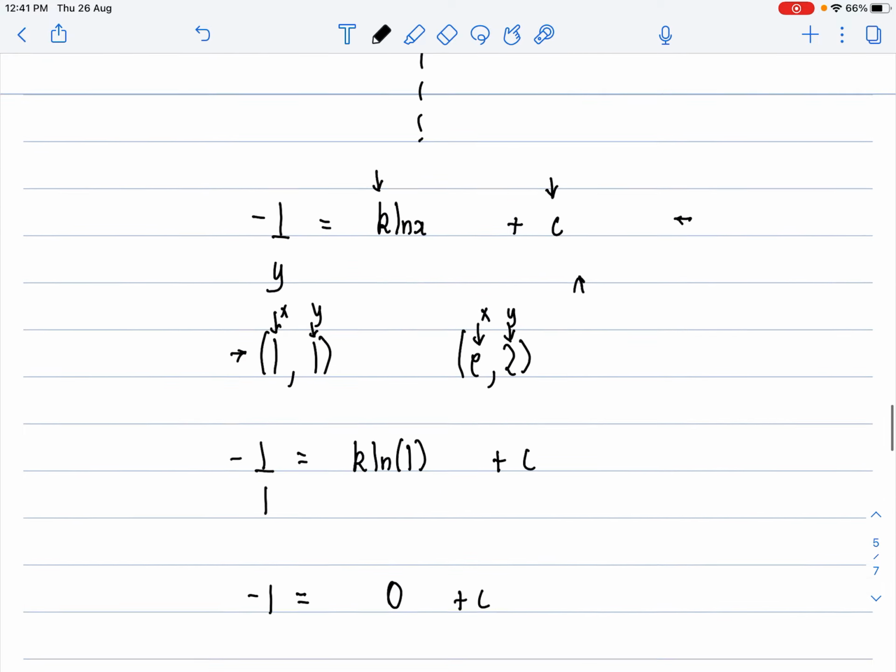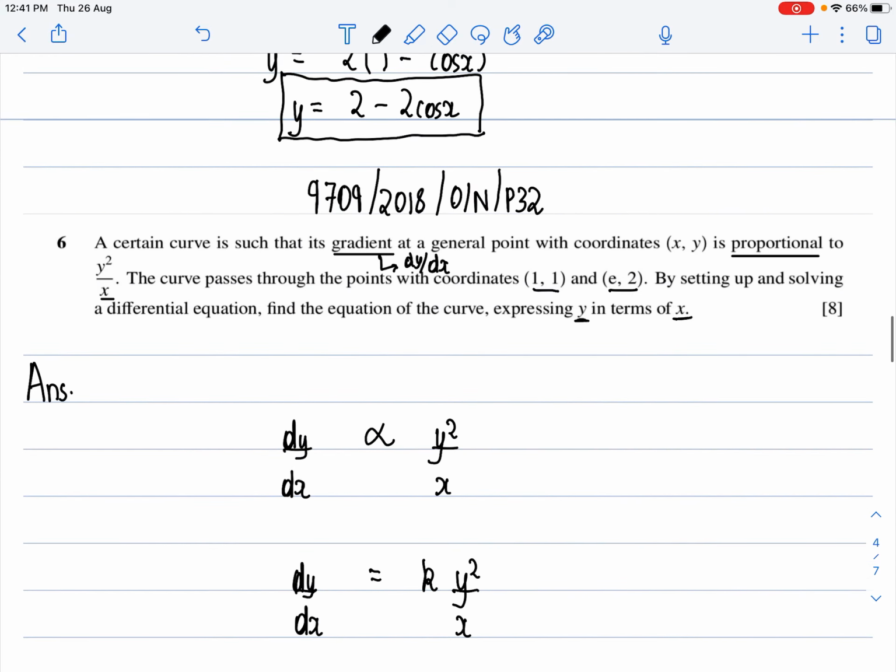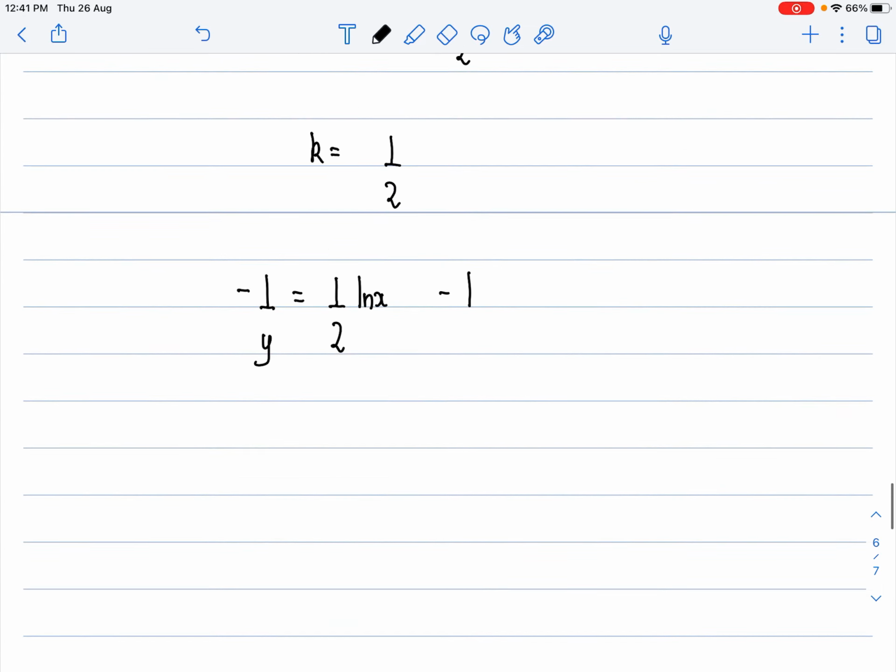Now I have the final step, which is writing y in terms of x. So now I need to make y the subject of the formula. I can take the LCM and write this as minus 1 over y, which is equal to ln x minus 2 over 2, correct?